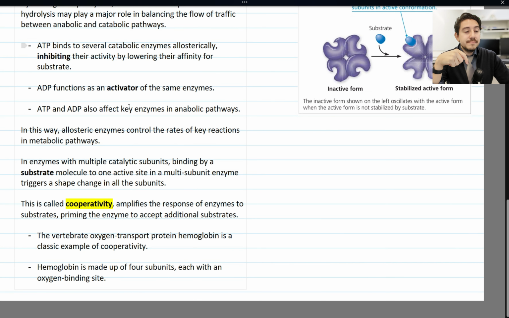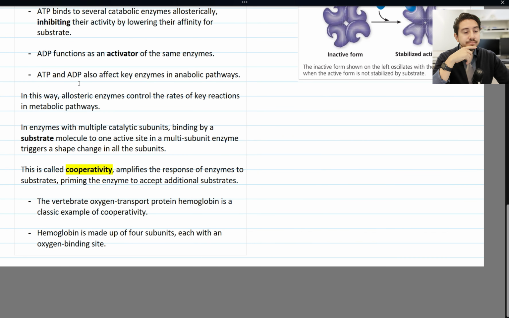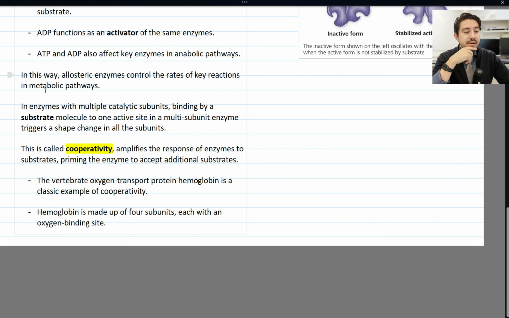And ADP can function as an activator for the same enzyme. So this is what I'm referring to as activator and inhibitor, depending on the cellular conditions. This is for catabolic pathways, but it could be used for anabolic pathways also. So allosteric enzymes can control the rates of key chemical reactions.